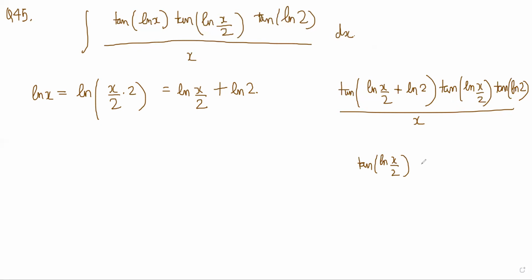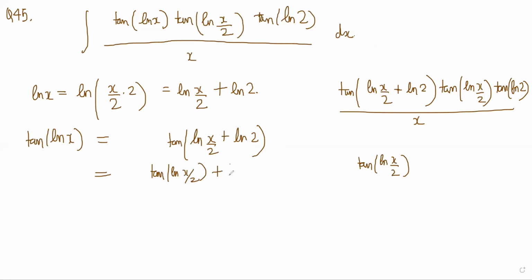Actually, if you think about it, I should use the identity here. I should say tan of ln x by 2 plus ln 2 should be equal to tan ln x, and this becomes tan ln x by 2 plus tan ln 2 by 1 minus tan ln x by 2 multiplied by tan ln 2.